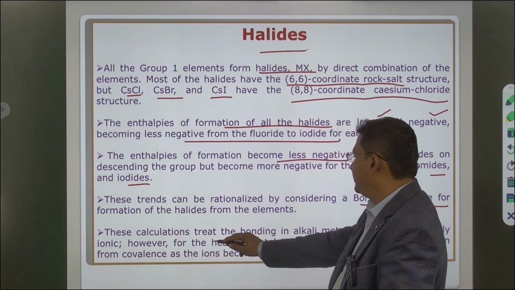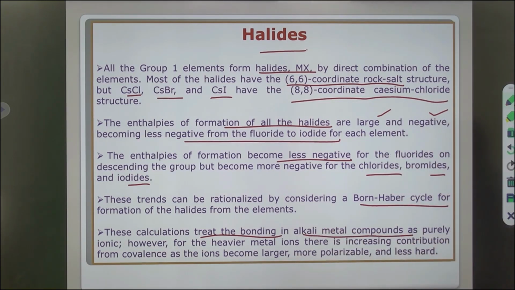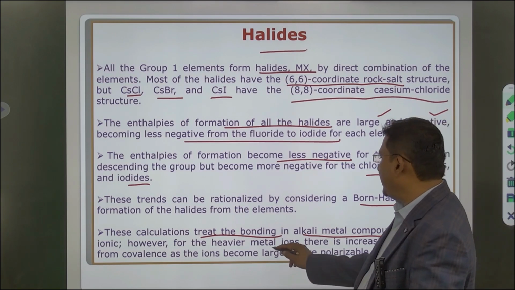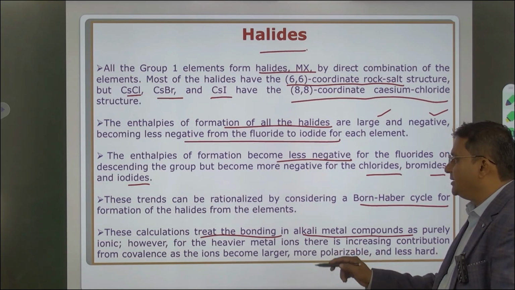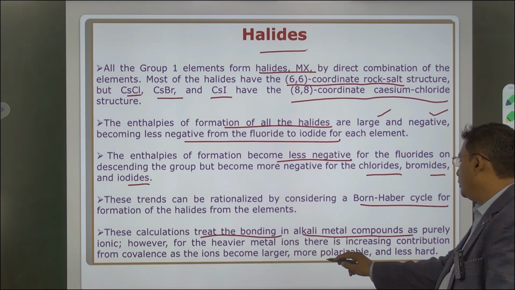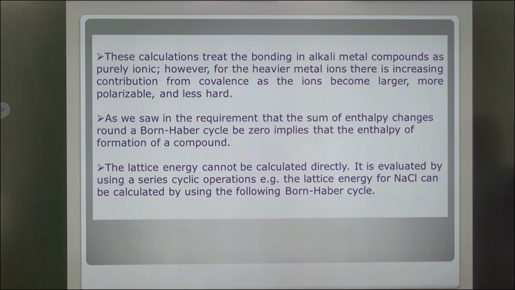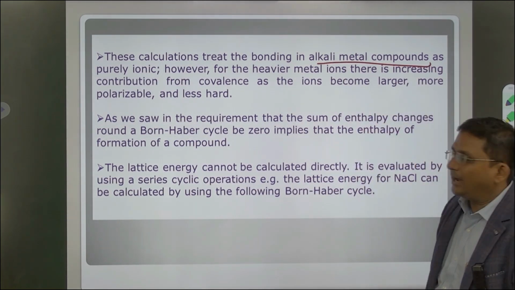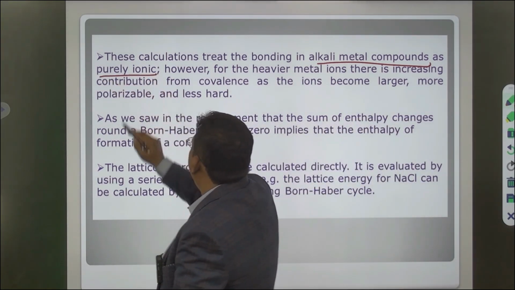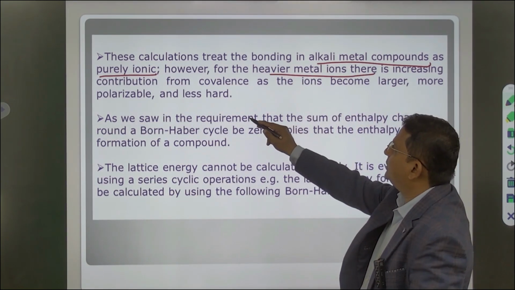These calculations treat bonding in alkali metal compounds as purely ionic. However, for the heavier metal ions, there is an increasing contribution from covalence as the ions become larger, more polarizable and less hard.